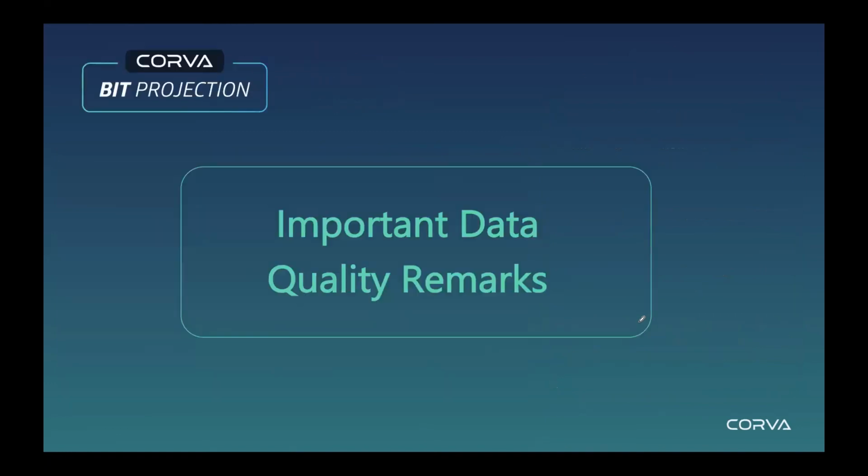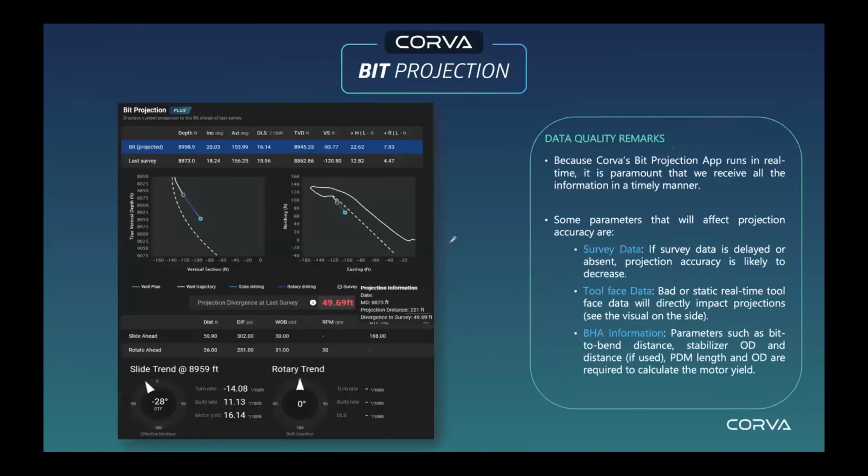So a couple of important things to note here on data quality. This is an example, an edge case, an extreme case for this survey data. So this rig is drilling the curve, and you look down here and you see projection divergence at last survey is 49 feet.